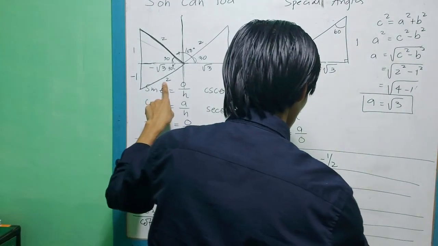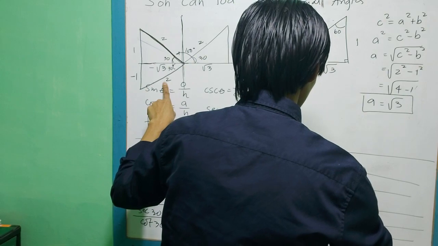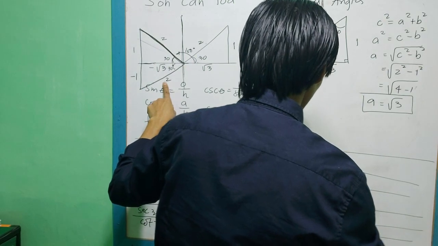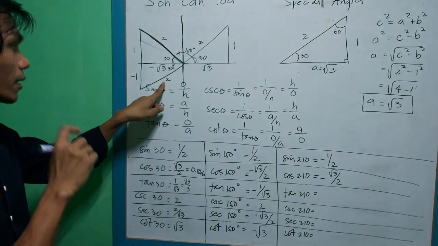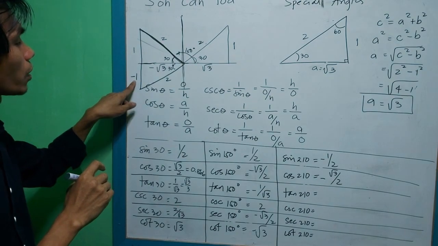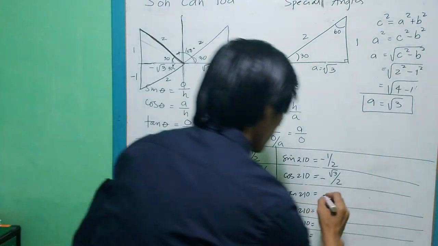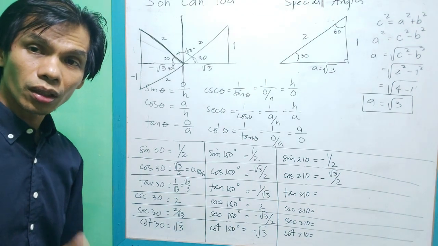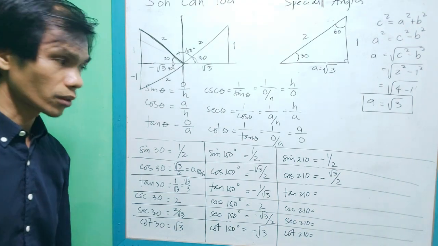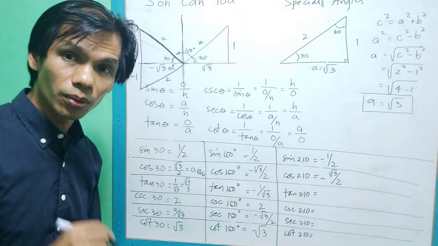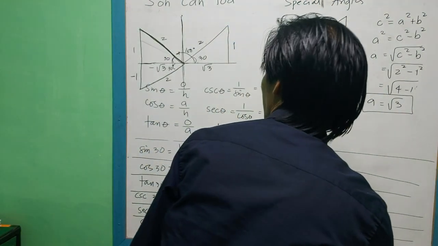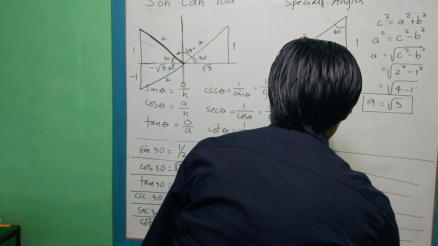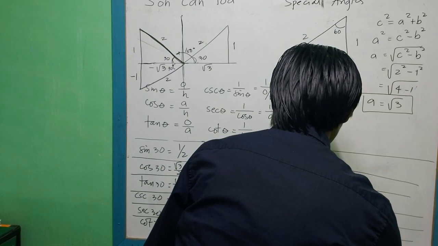And that is negative square root of 3 over 2. Okay? Tangent of 210 is opposite over adjacent. That is negative 1 over negative square root of 3. So negative over negative is positive. So therefore we have 1 over square root of 3.